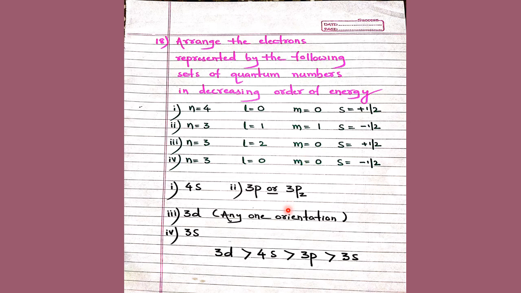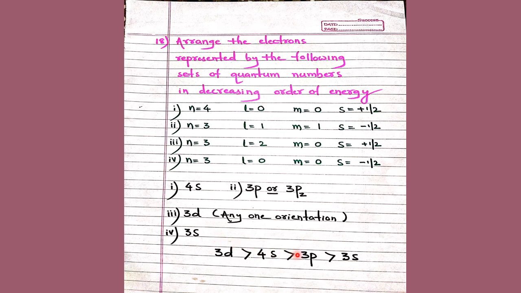Now what is the fourth orbital? n equal to 3, l equal to 0, then yes, 3s. So this is 4s, this is 3p, this is 3d, this is 3s. If you see the energy of atomic orbitals, 3d will be the highest, then the next in decreasing order. So this is the decreasing order from 3d to 3s.